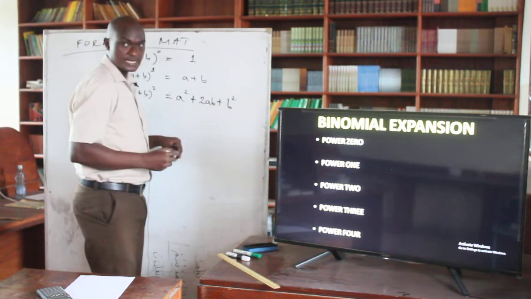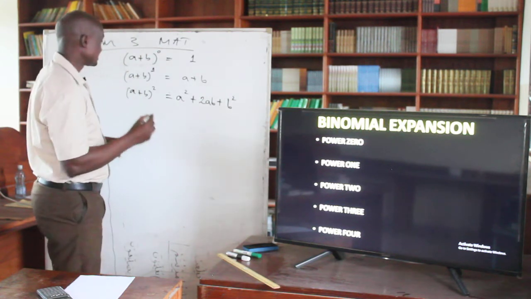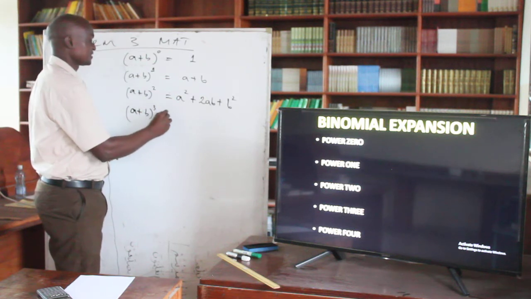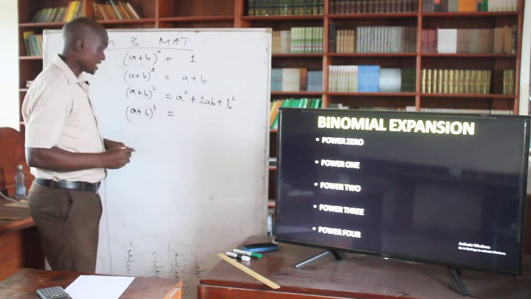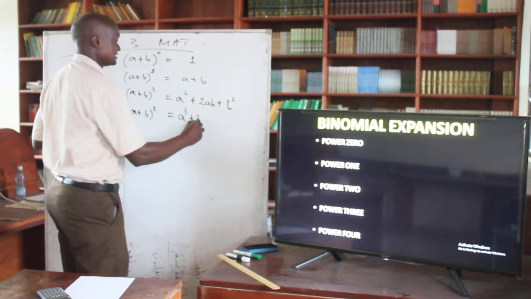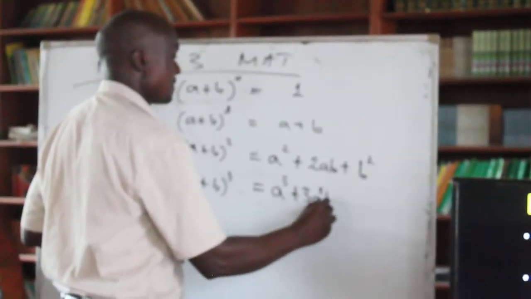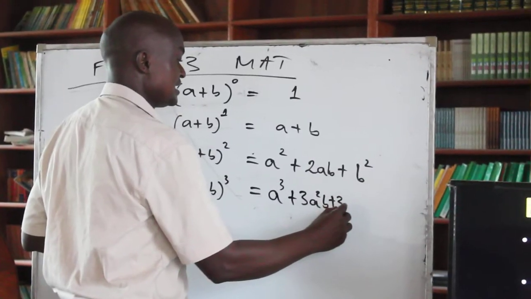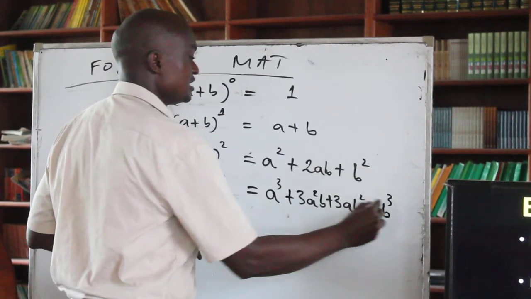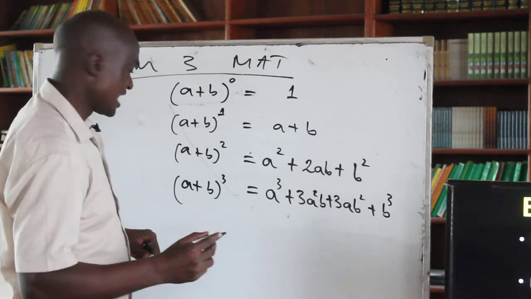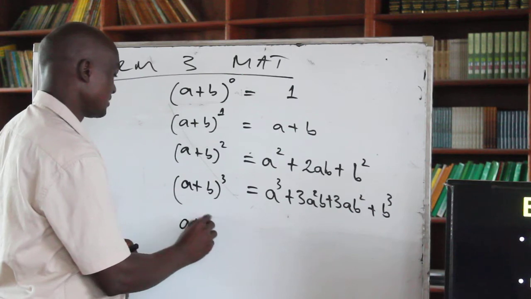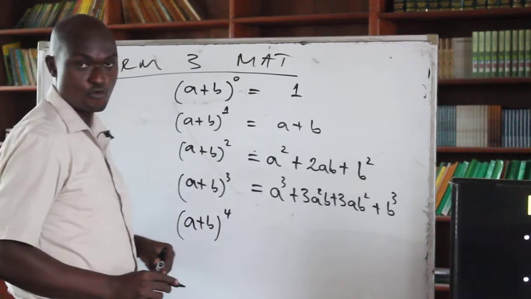In our workout yesterday, the last lesson, we continued with a power 3, and we did say that this one will be a power 3 plus 3 a squared b plus 3 a b squared plus b cubed. And then the last term that we did work out as an example was a plus b power 4.